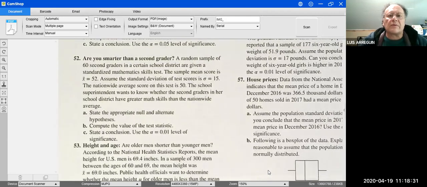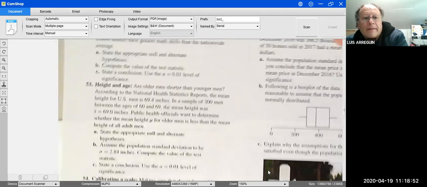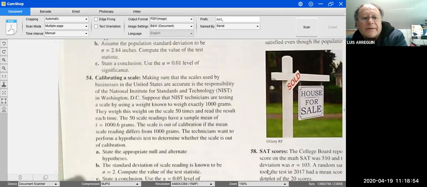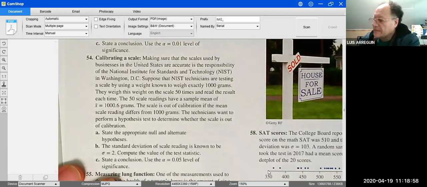I'm going to give you a couple of minutes to look at 52. You may want to take a picture or check your book. Then 54 is here.